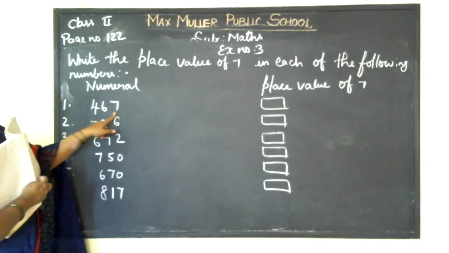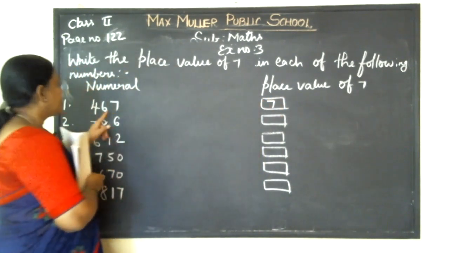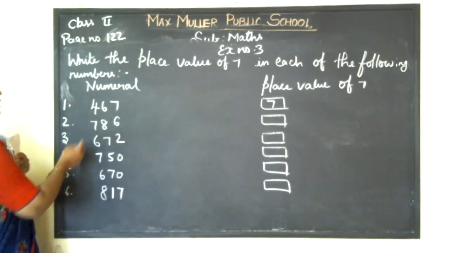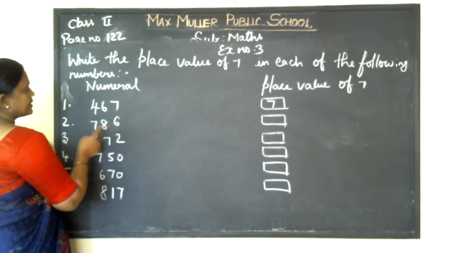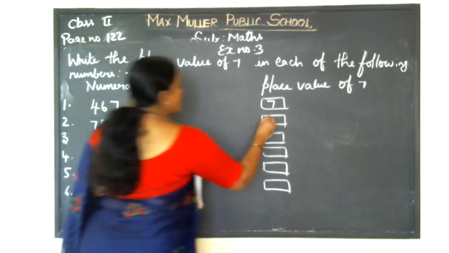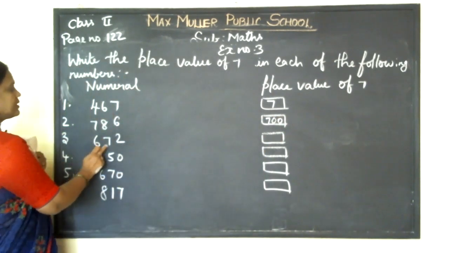Ones place. So if 7 is in ones place, you want to write 7 as it is. You want to write 7. Here 786. 7 is in which place? Hundreds place. You want to write here 700. 672.